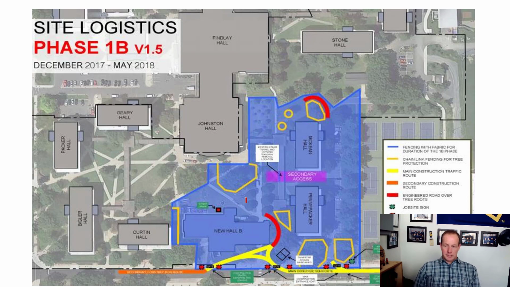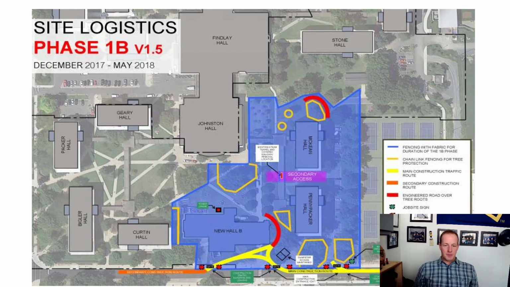This one right here has done a good job of highlighting the area, and so you can see the whole surrounding area, but you can see what is our job site, where our accesses are, and where the roads coming in and going out are. There's a few things I don't particularly like: fencing with fabric. Well, the blue is kind of the same blue as the inside, so it doesn't really stand out.